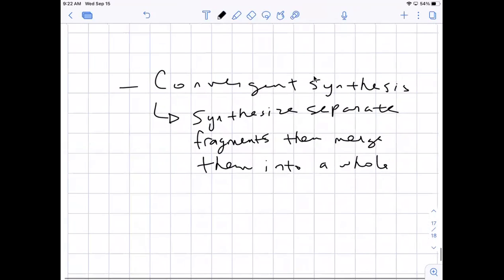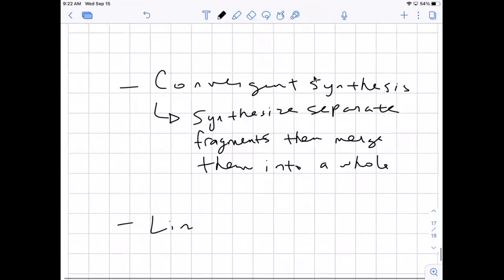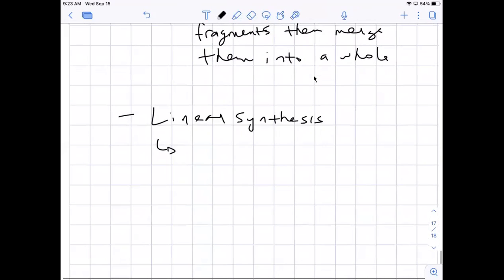Then you can also do what's called linear synthesis. Right, and that's where you just start with one single starting material and you keep building on it until you reach your final product.